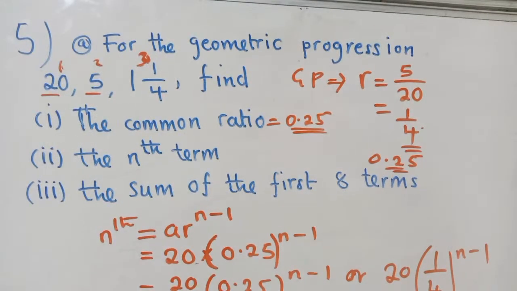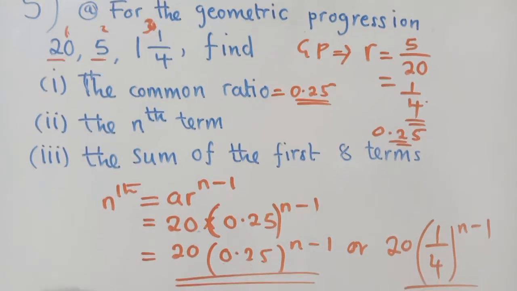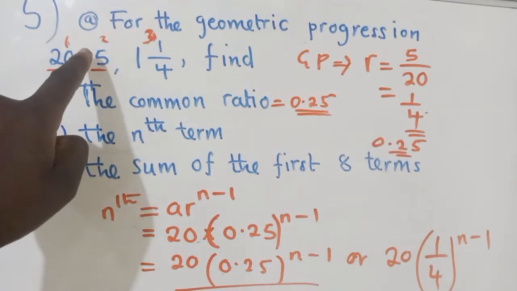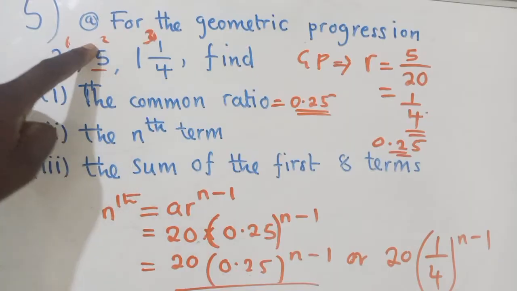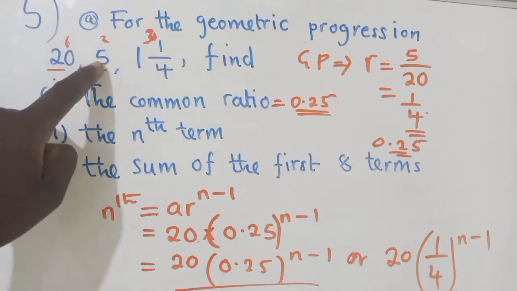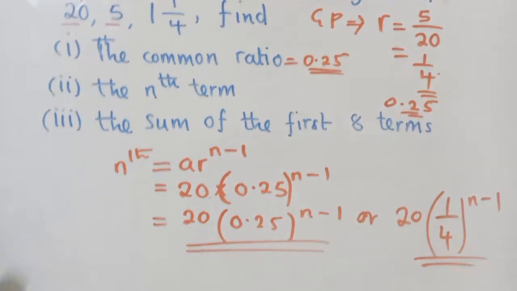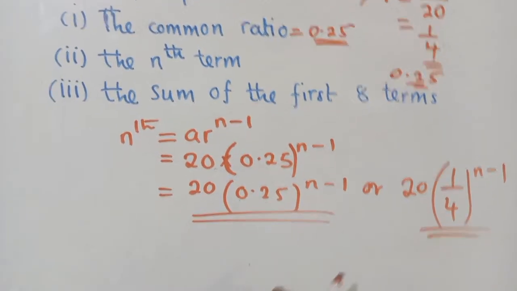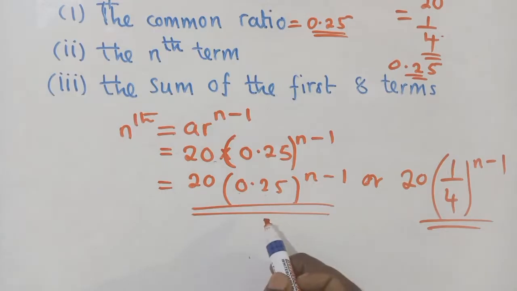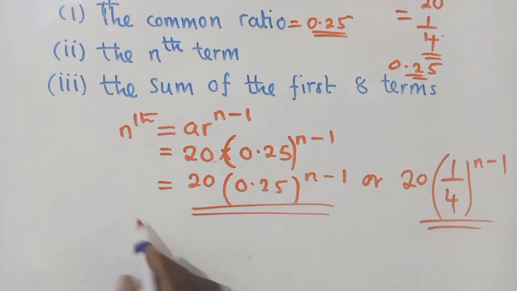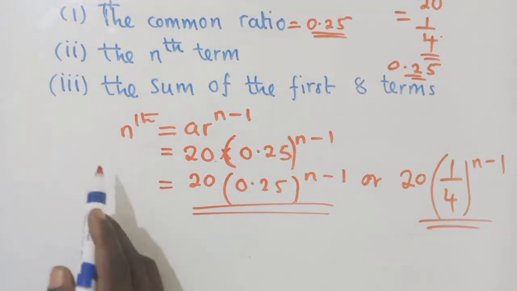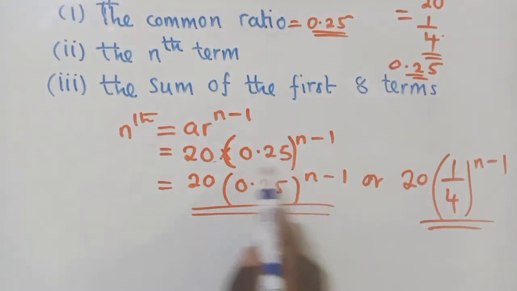Now they are asking us to find the formula whereby if we just get, for example, the first term, it's 20. Second term is what? It's 5. So let's try to find the number at the second term using this formula. We know that it's 5, so we're going to prove if this formula is going to give us 5.